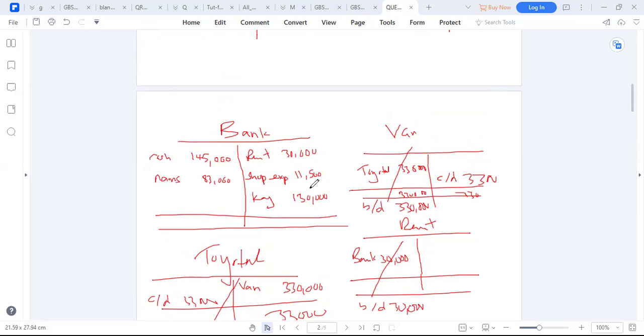$228,000 debit side. Credit side: $171,500.